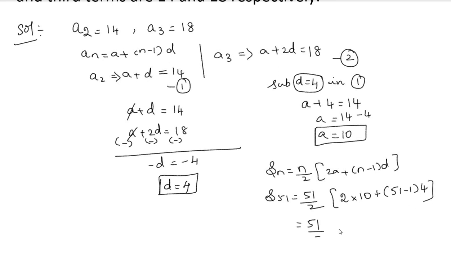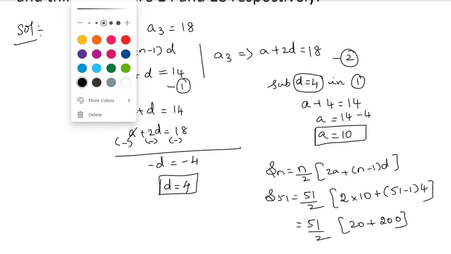So 51 by 2 into 20 plus 50 into 4. Yes, 50 into 4 is 200.